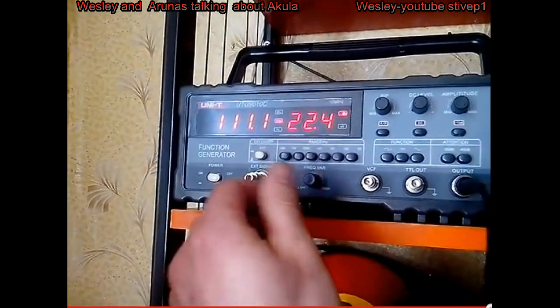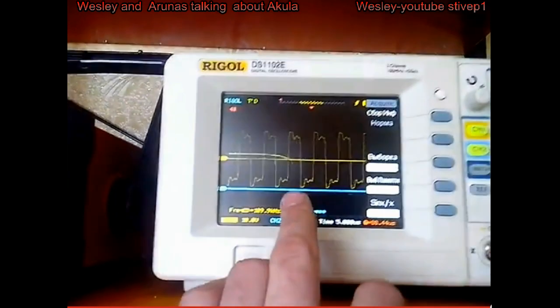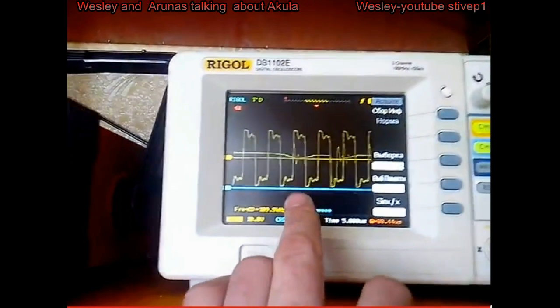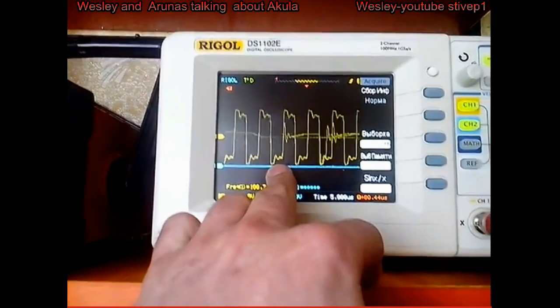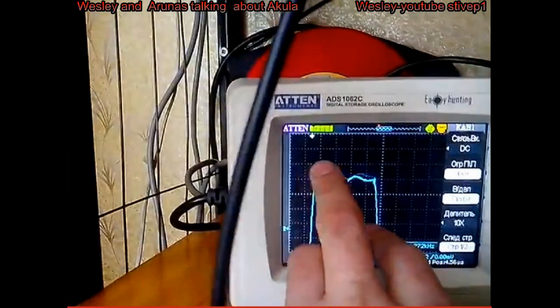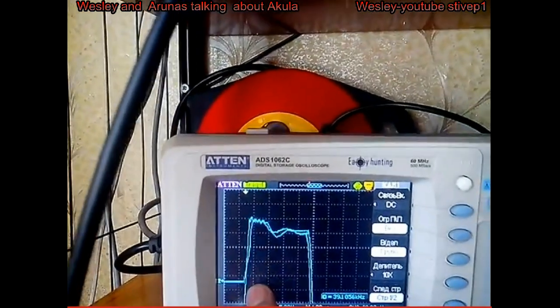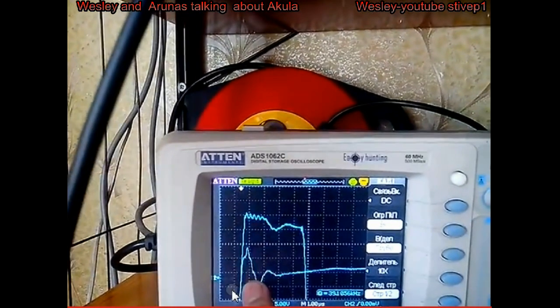Now I've changed from 50 kilohertz to 100 kilohertz. Now you see it's pretty much stable down there. And the timing is pretty much constant. The front of the signal is pretty much straight.